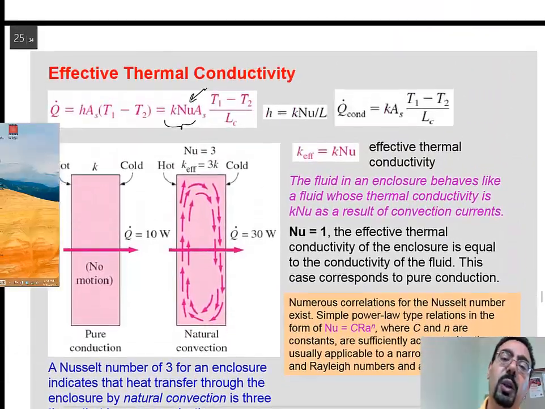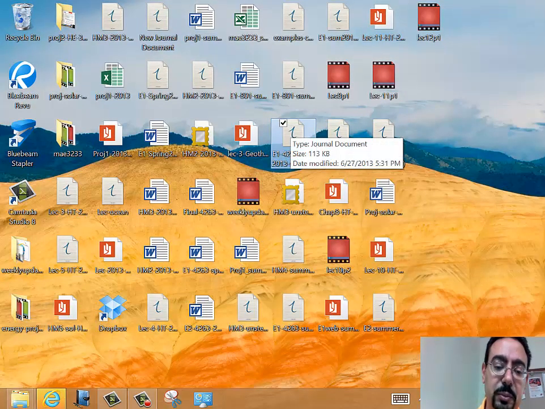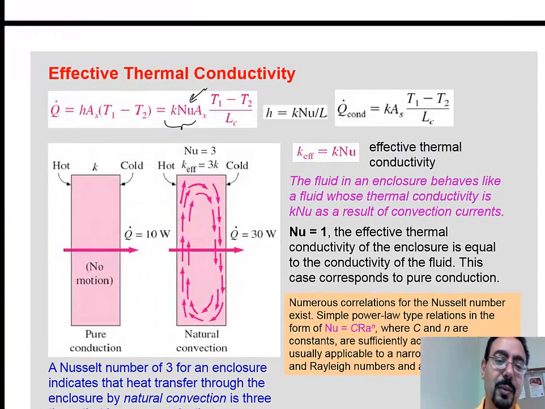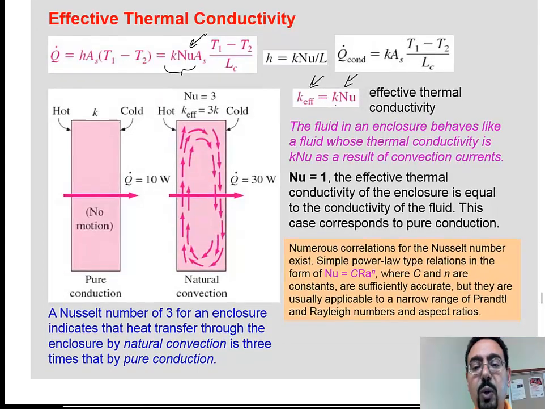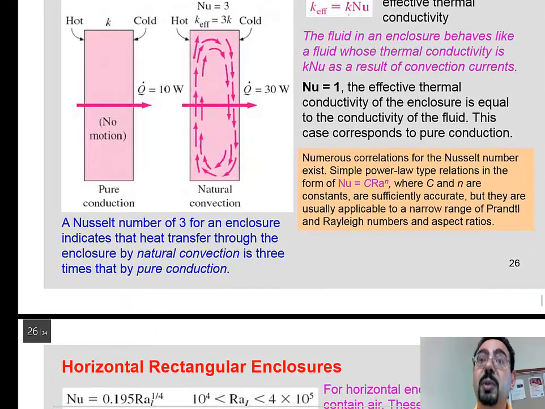They call it K effective, or basically the actual K multiplied by the Nusselt number. Of course, if we can kill the Nusselt and make it 1 without moving the flow, then you will go back again to the pure conduction problem.